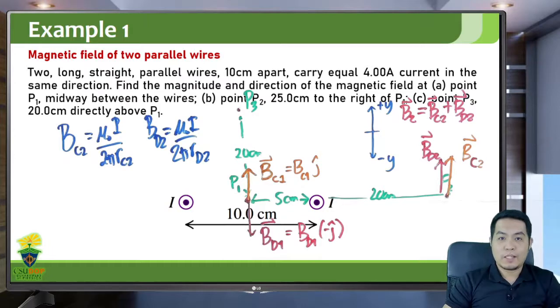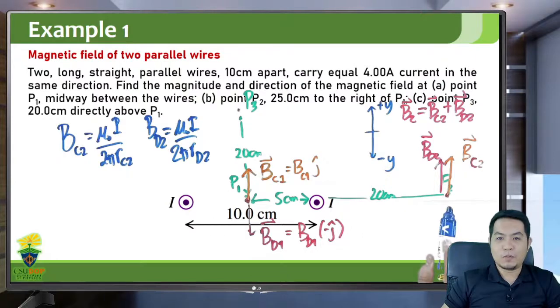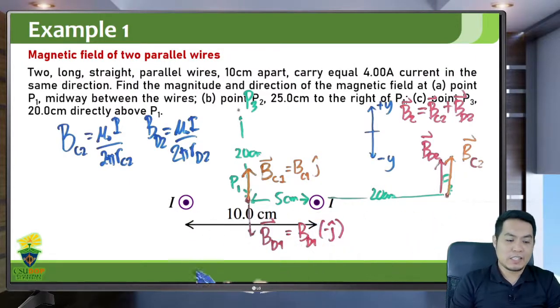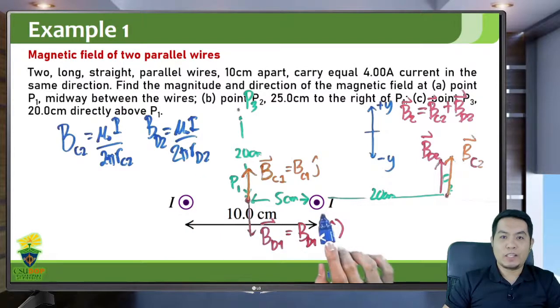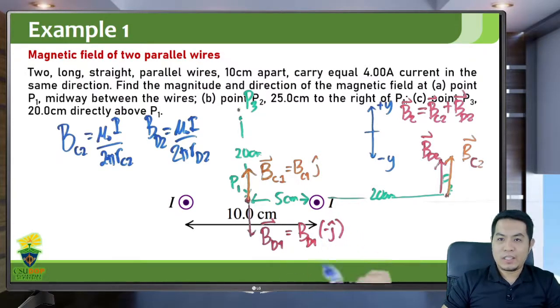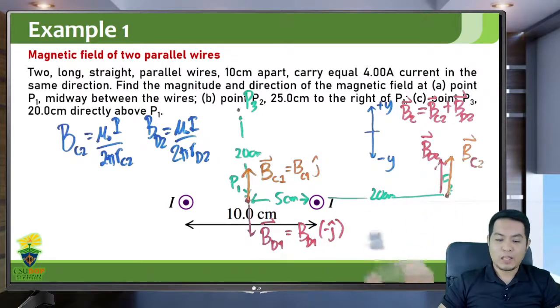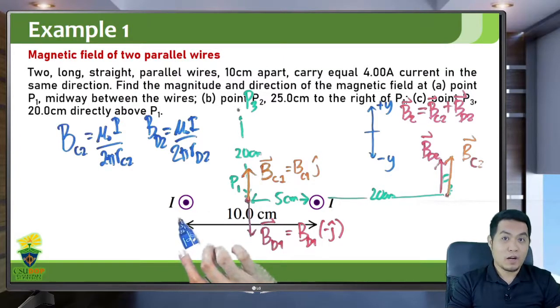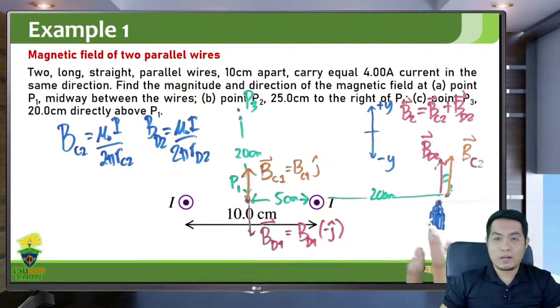RC2, the distance from wire C to point P2, is 30 centimeters. RD2, the distance from wire D to point P2, is 20 centimeters. So you will expect that the magnetic field due to D is stronger because it's closer to the point, while the magnetic field of wire C will be weaker since it's farther from the point.